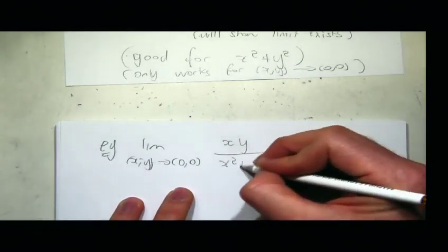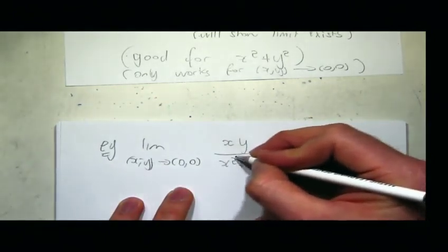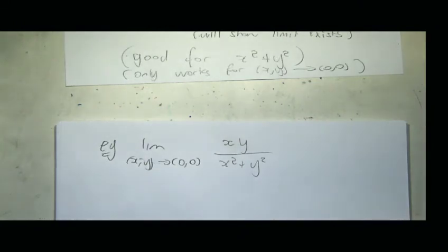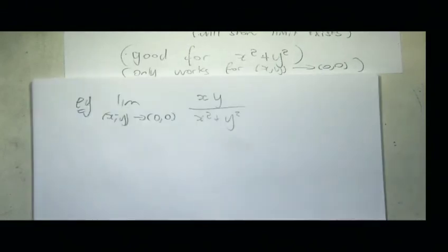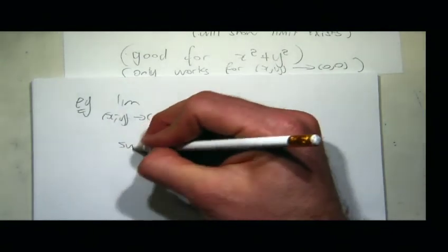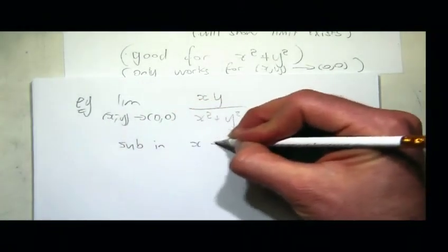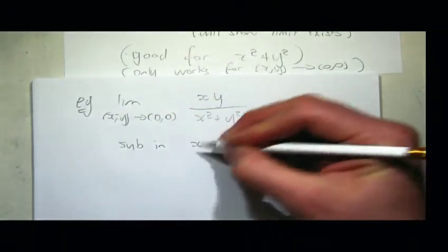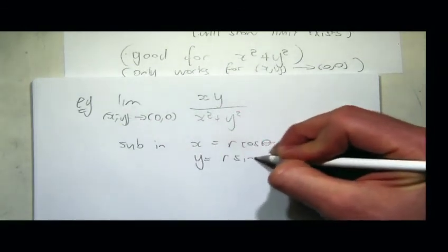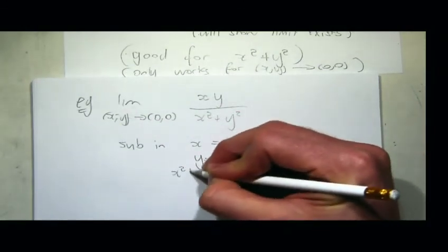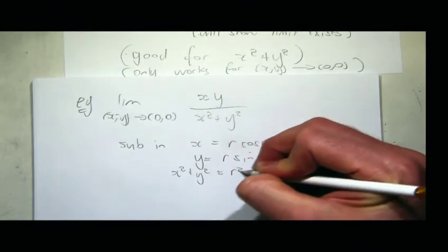Let's do the other one, but upside down, hey? So what we're going to do is sub in x is r cos theta, y is r sine theta, and x squared plus y squared is r squared.